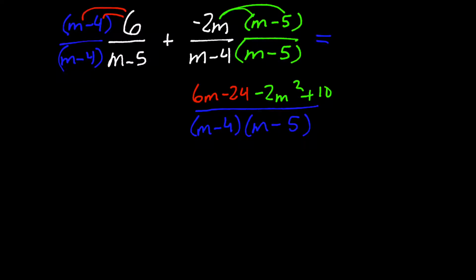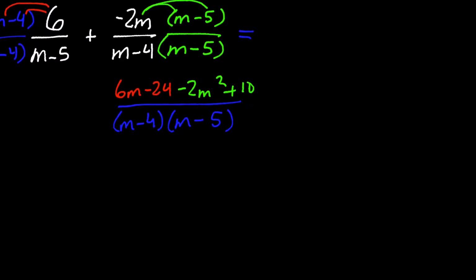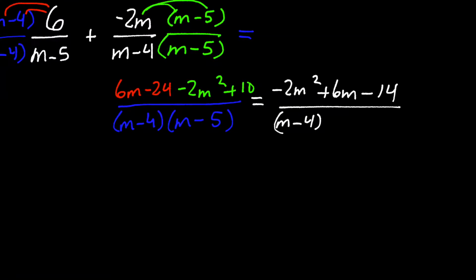And now we can combine any and all like terms and see if we can do any simplifying. So, if I combine like terms, we're going to get negative 2m squared plus 6m minus 14 all over m minus 4 times m minus 5.